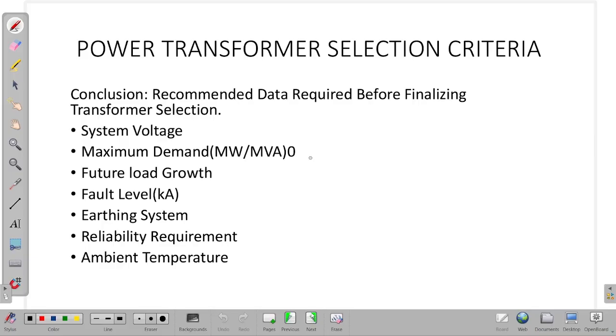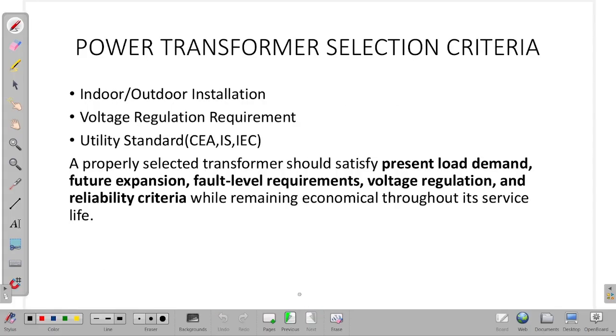In conclusion, while finalizing the transformer selection, the recommended data we should have are the system voltage, maximum demand and future load growth, fault level in kiloampere, earthing system, reliability requirement, ambient temperature, and indoor or outdoor installation.